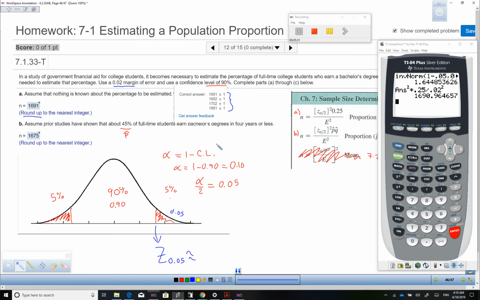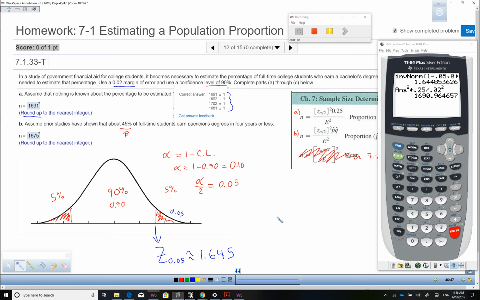Part B is a very similar process. So we have the critical value, which is right here, is 1.645. You round it to the third decimal place.